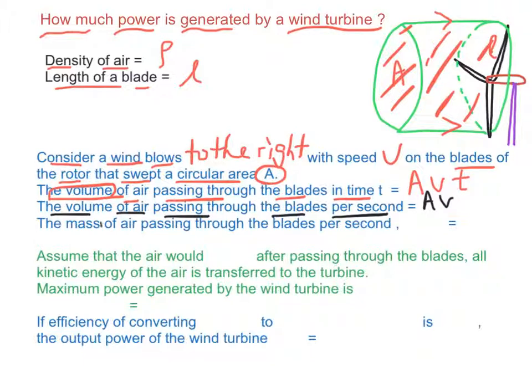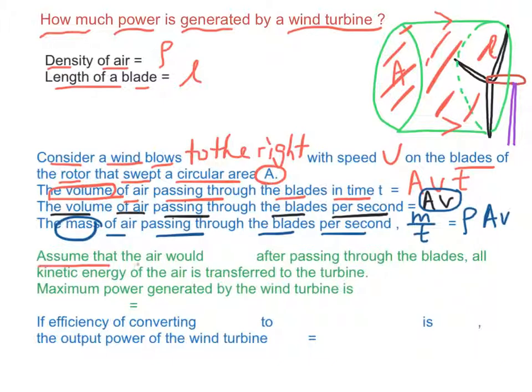Therefore, the mass of air passing through the blades per second, m over t, would be equal to rho times AV.